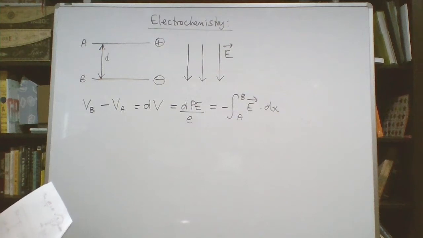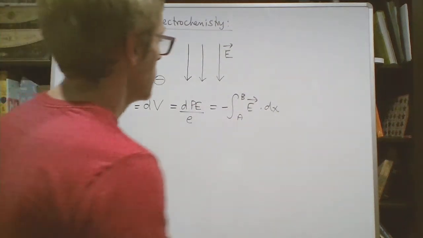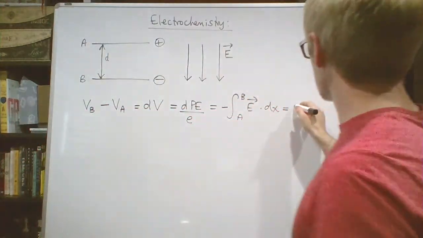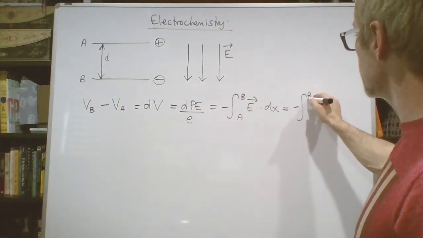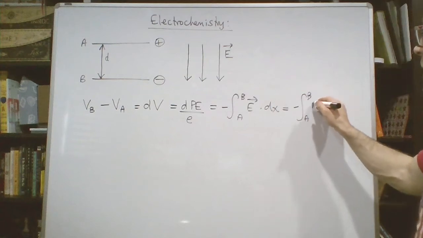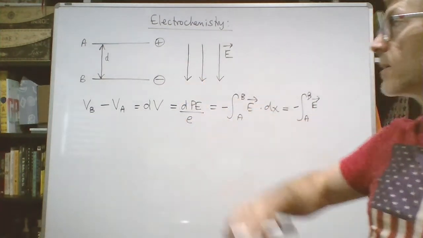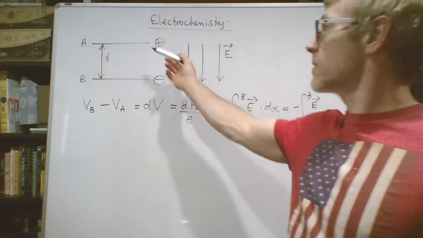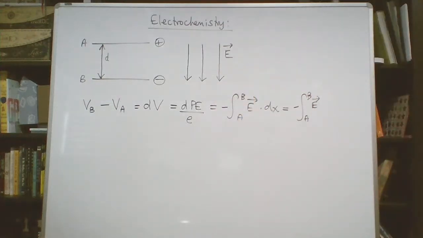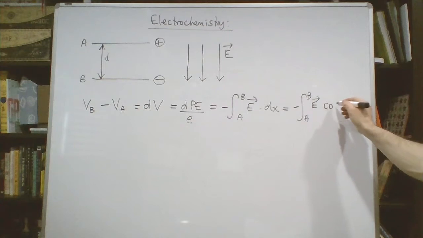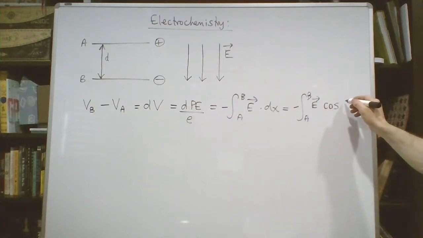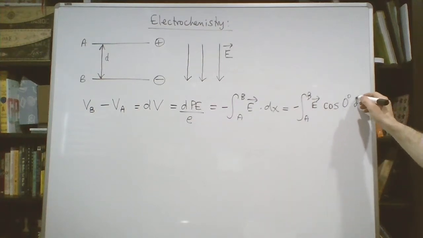So we can say that this is equal to minus the integral between B and A of the electric field. Now it's a dot product, remember, because angles become important, the orientation of these plates with respect to the electric field. So cos 0 degrees dx.